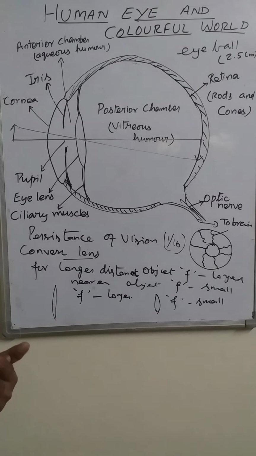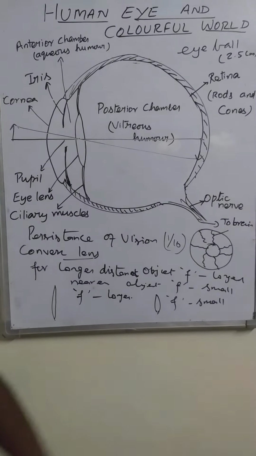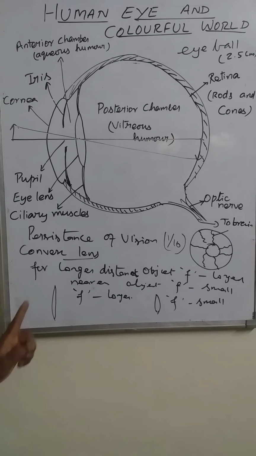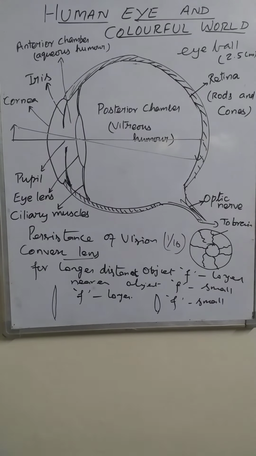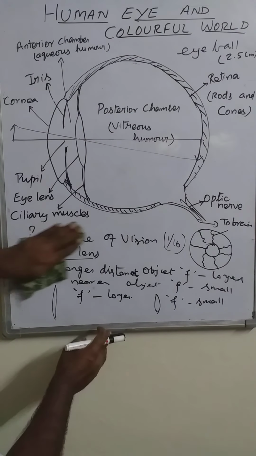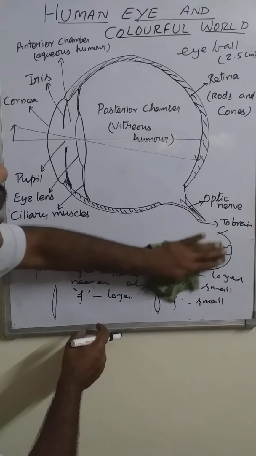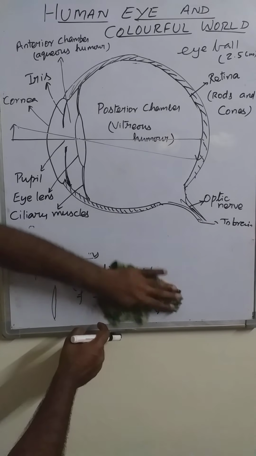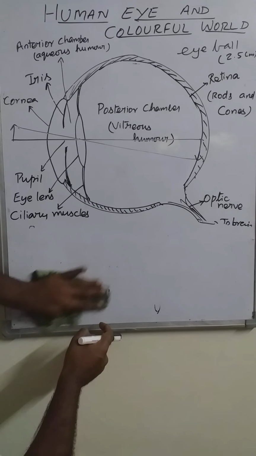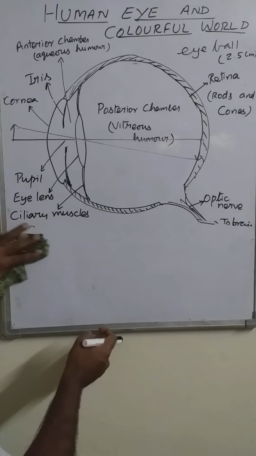Then the next question is, up to what longer distance the eye is able to see any object.